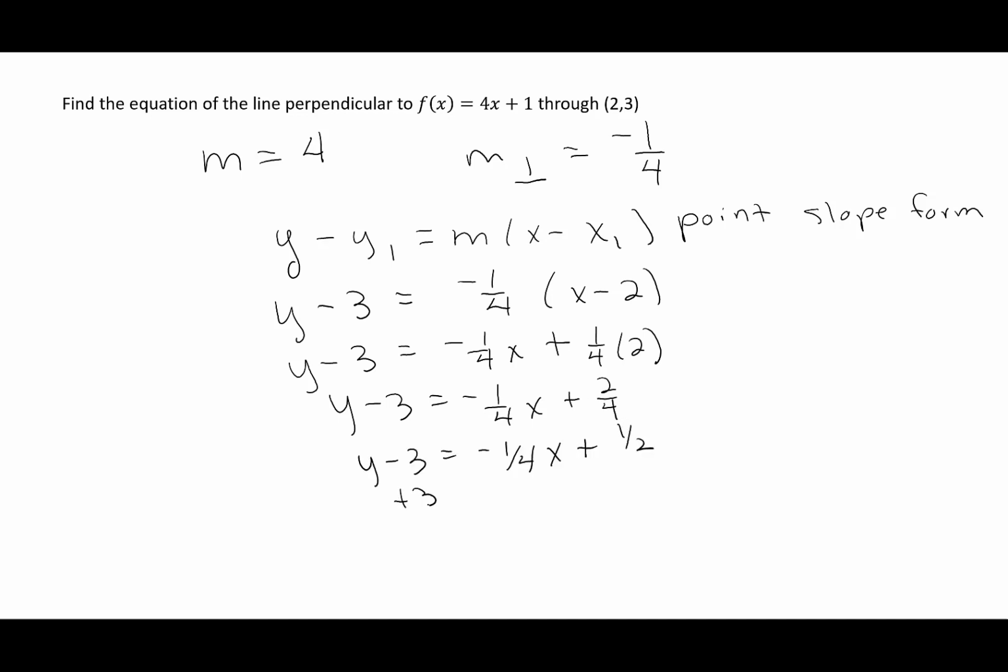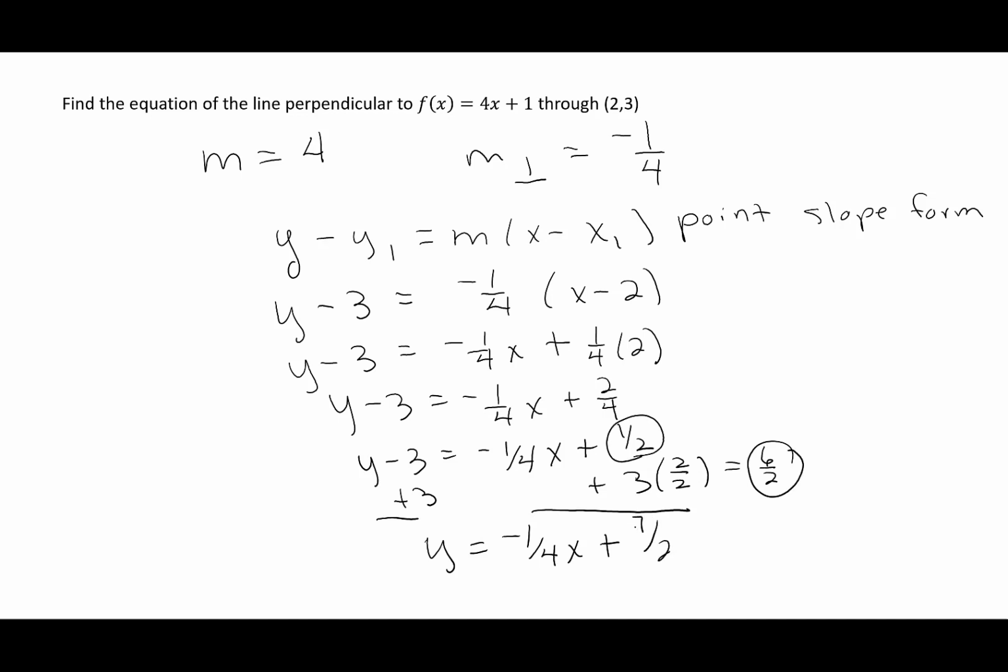Now I'm going to add the 3. So I have y equals negative 1/4 of x plus 3 and 1/2. I need to give it a common denominator, which would be 2. So 3 times 2 over 2 is 6 over 2. So I'm adding 6 over 2 to 1 over 2, which gives me 7 over 2. So this would be our slope-intercept form of the line.